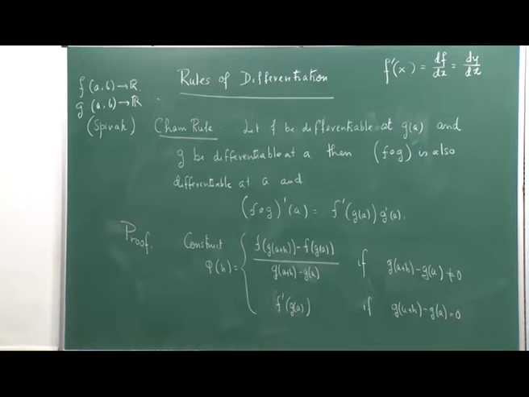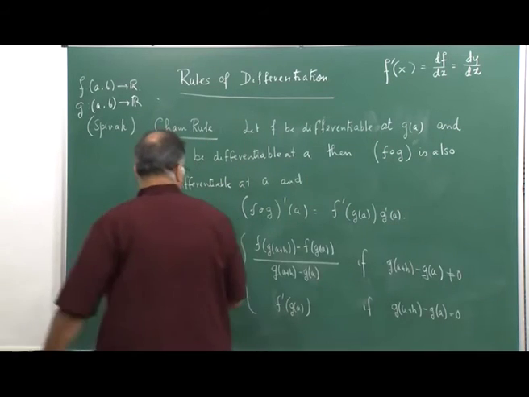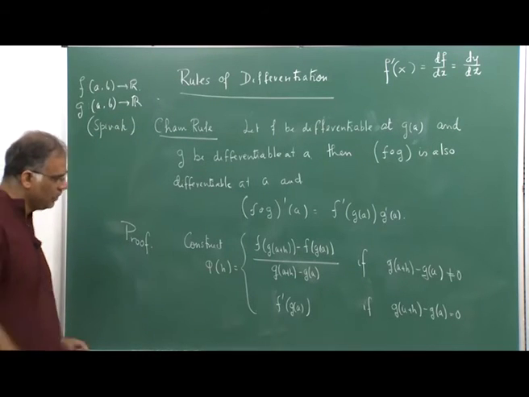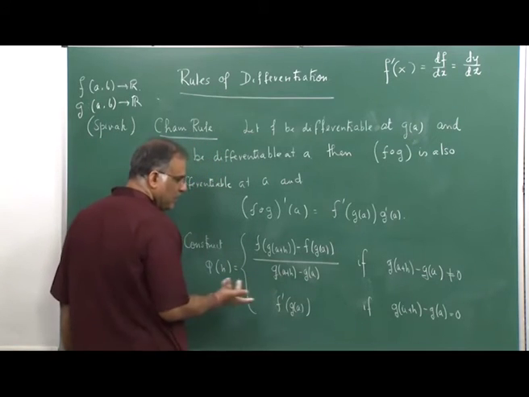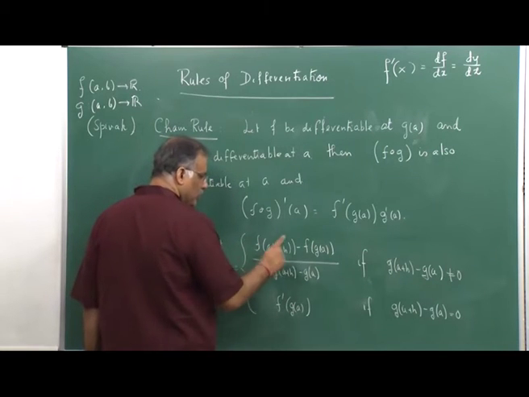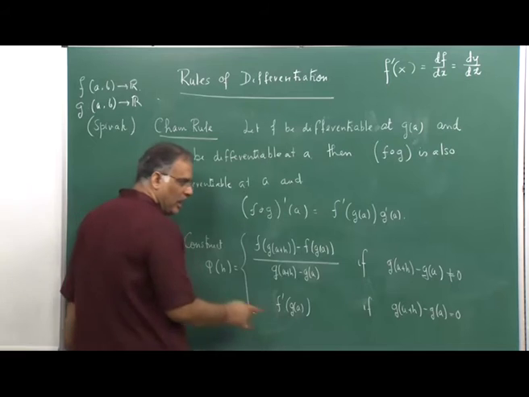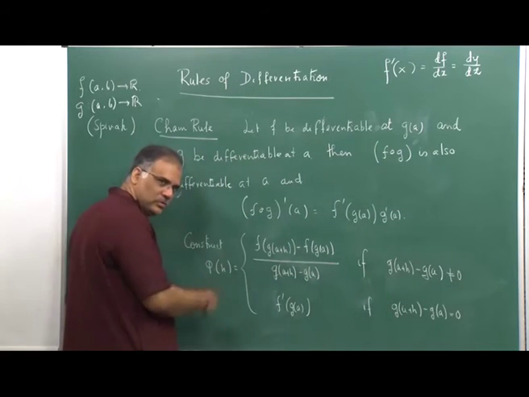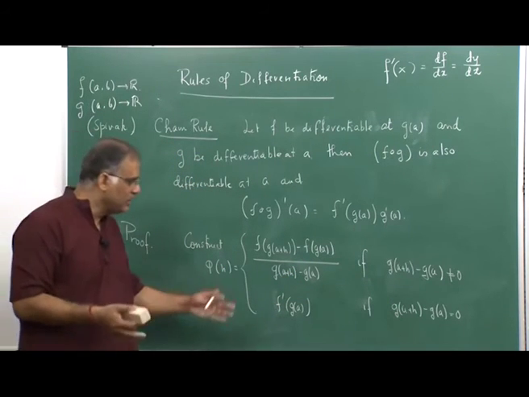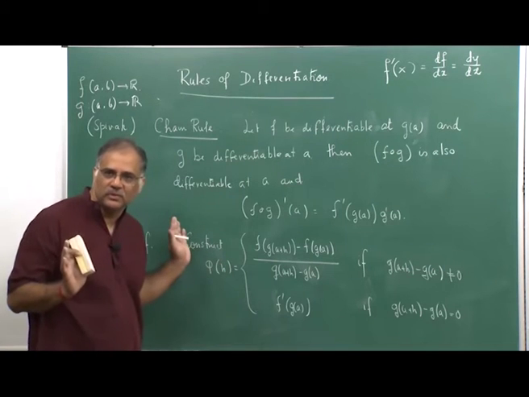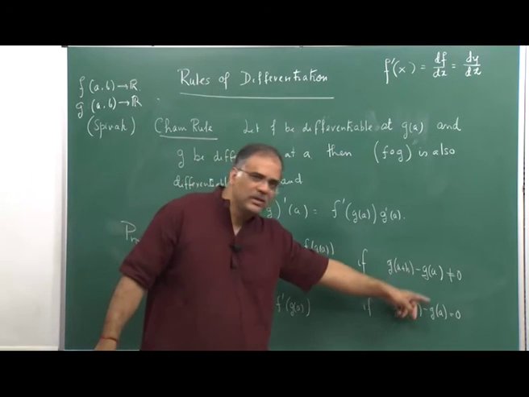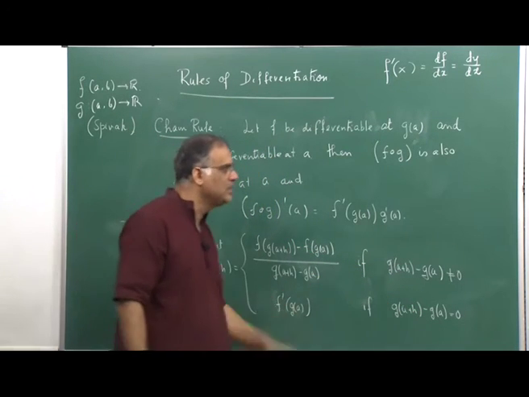Because if h goes to 0 and this is not equal to 0, it is nothing but f dash g of a, and if this is 0 it does not matter, if h goes to 0 and this continues to remain 0 then also the limit is nothing but f dash g of a. So, this is nothing but phi of 0. So, whenever h is 0 this is 0. So, you will always have this. So, phi is continuous at 0.